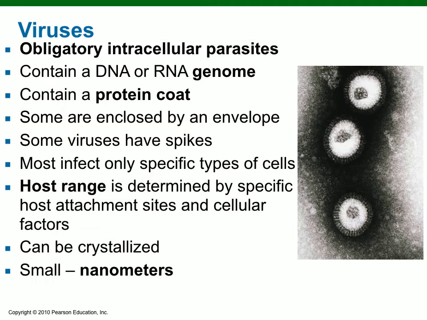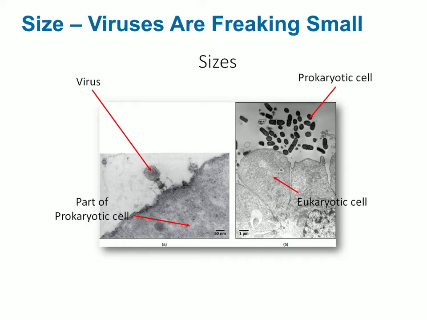Viruses are chemical in nature. They can be crystallized, and they are really small. We measure viruses in nanometers, so they can be dozens or hundreds of times smaller than cells. Okay, here's a picture of a virus infecting a cell. That's a prokaryotic cell on the left, and the virus is pointed out.